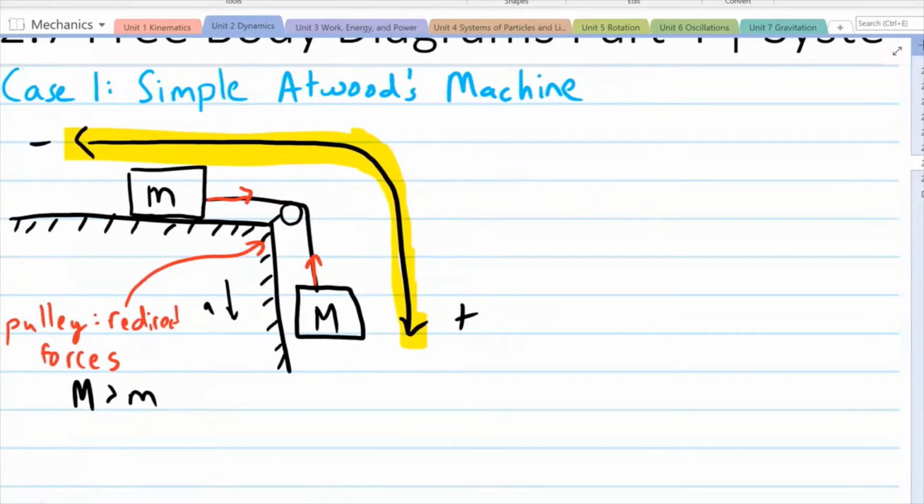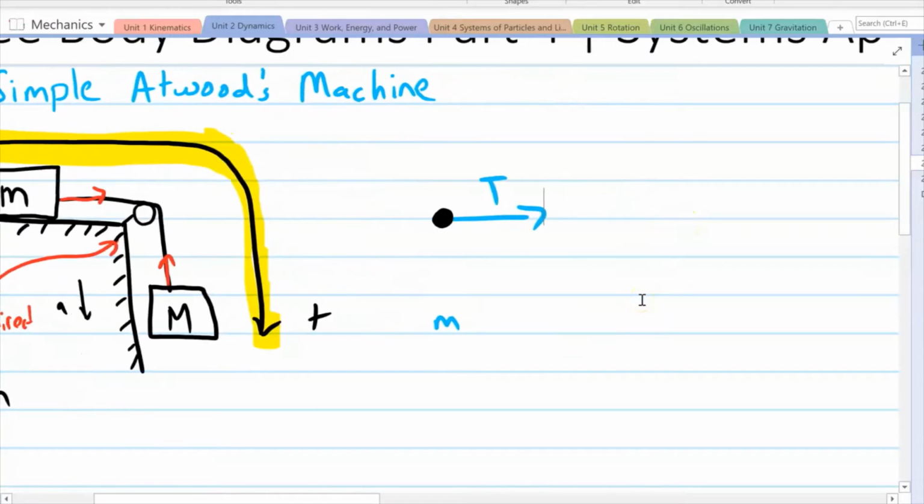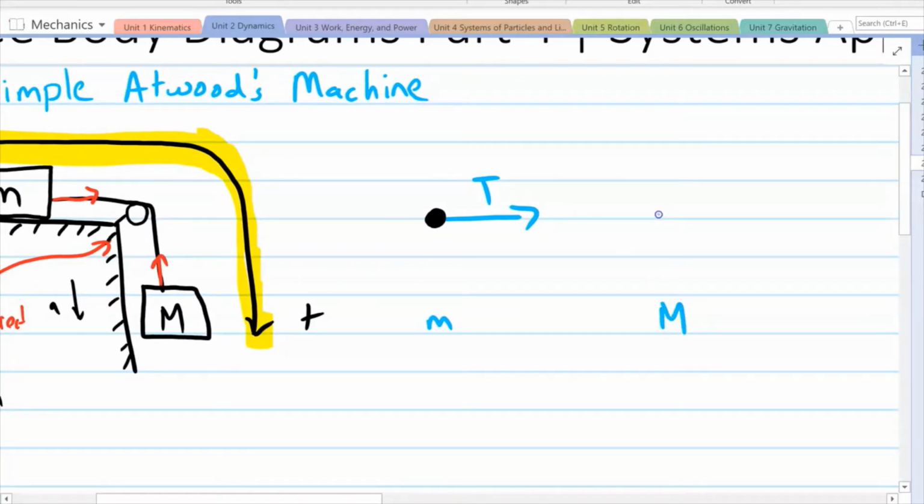So let's begin. Let's draw the free body diagram of just the forces that we care about, right? So only this tension force. I'm going to do it in blue. This is the little mass, and this is the tension force, right? And then for the big mass, capital M, we have the same thing.